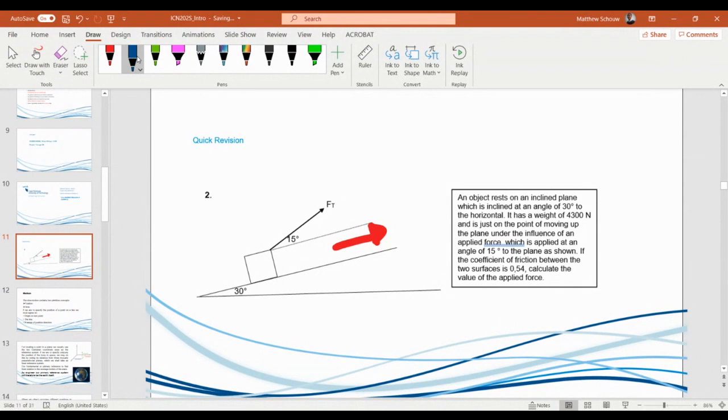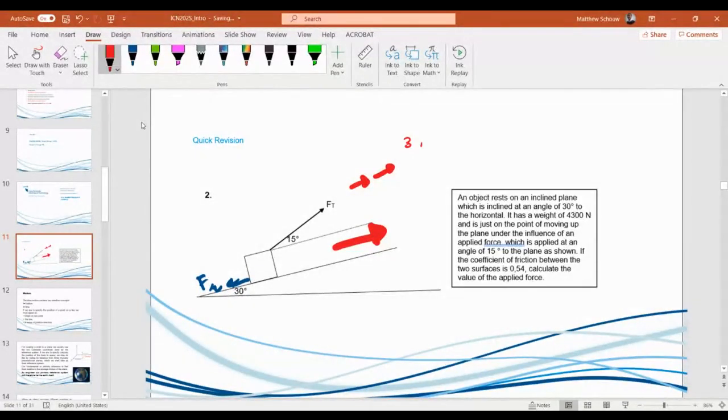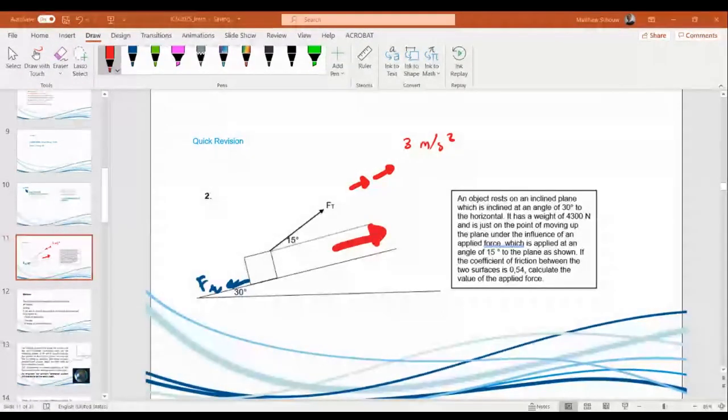Of course, we know that we have an F mu here, the frictional force. But as it's accelerating forward, at say 3 meters per second squared, something's going to happen.